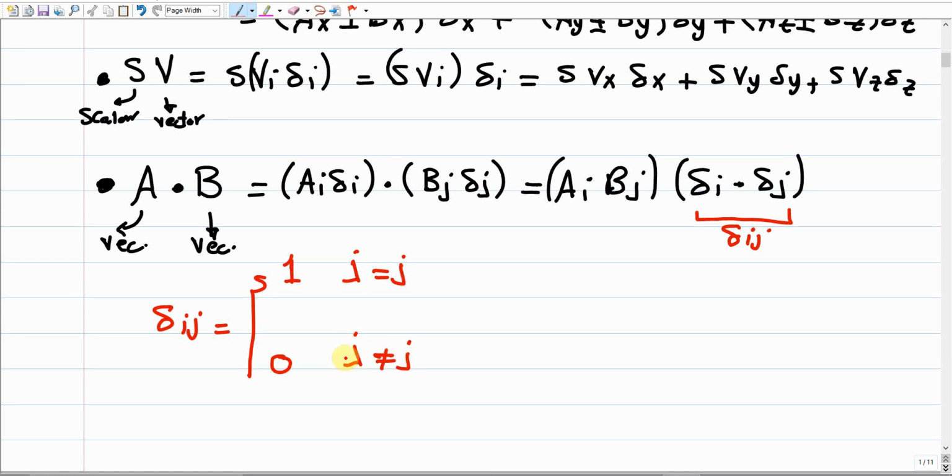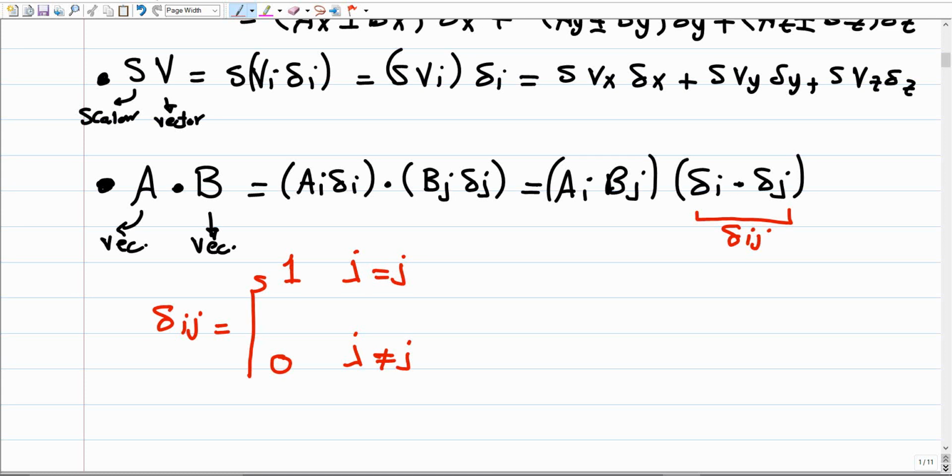Remember that I and J are indices. It means that the index I would be X, Y, or Z, and the same thing for J. When I and J do have the same index, like X and X, Y and Y, Z and Z, the canonical delta is 1.